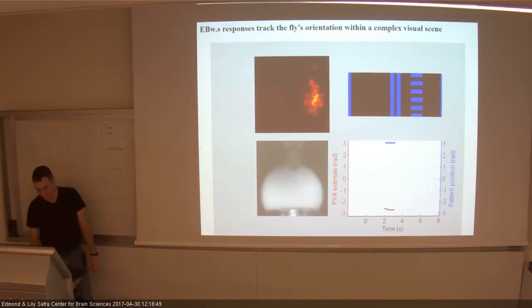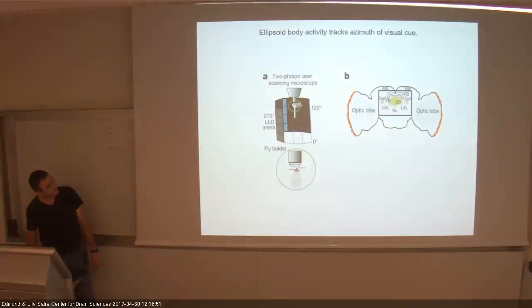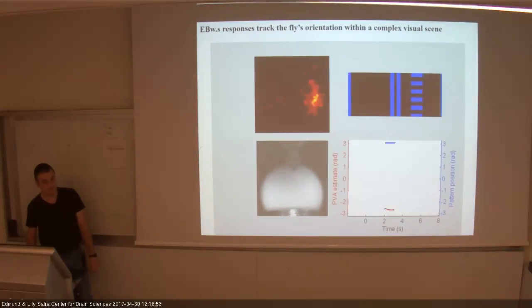Because this is not different from this. So the visual stimulus is very different, but the response is not. So it supported its direction rather than the reflection of the detailed visual stimulus.